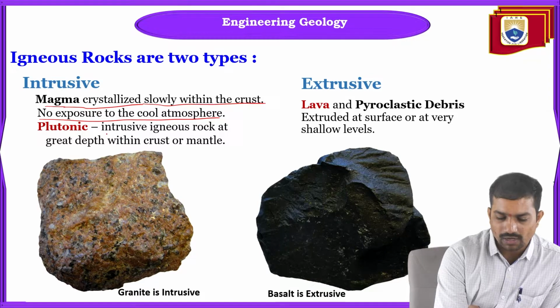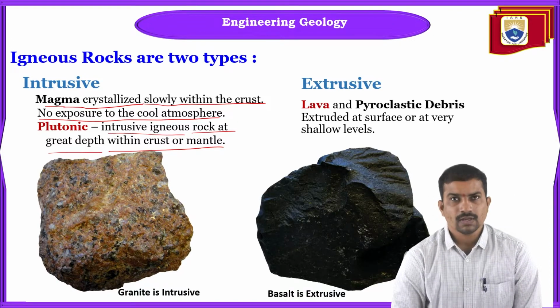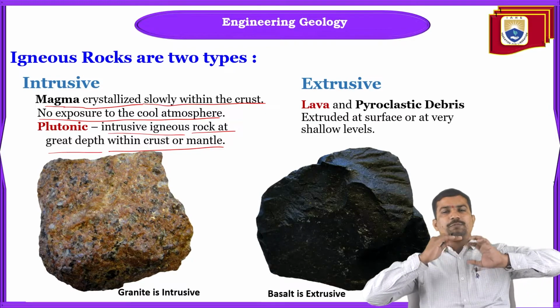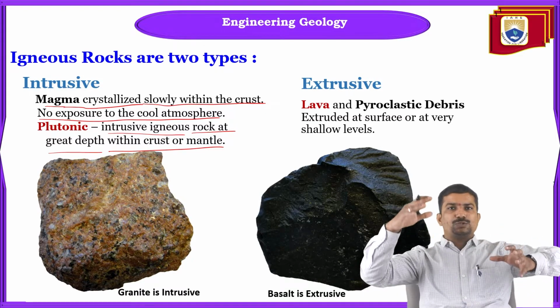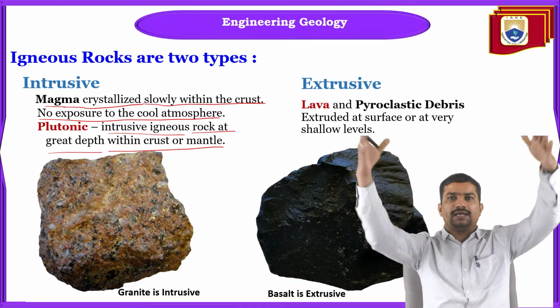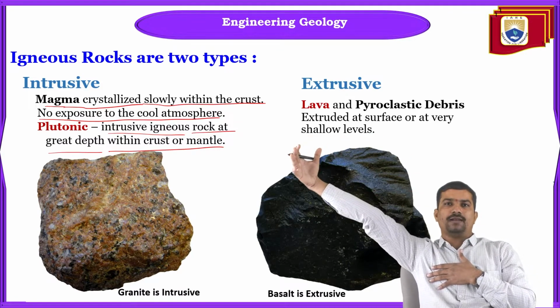So intrusive rocks are igneous rocks formed at greater depth within the crust, in the mantle. In general terms, we can say that this magma is being cooled within the crust or near the surface of the crust, and has not reached the ground level.